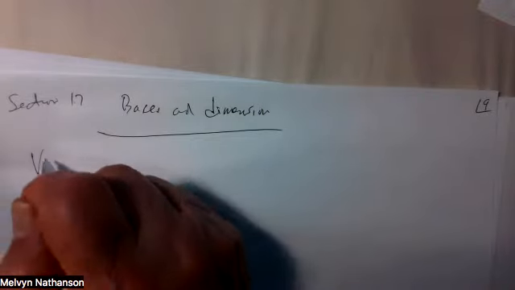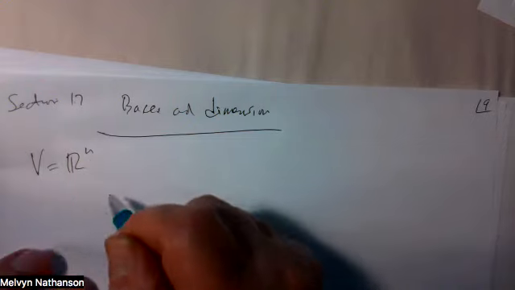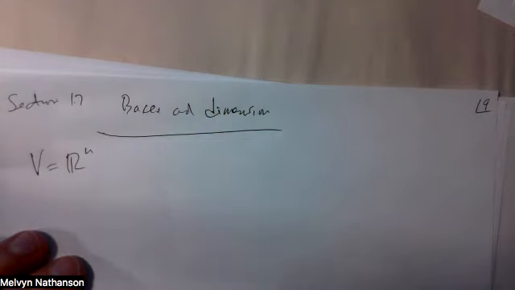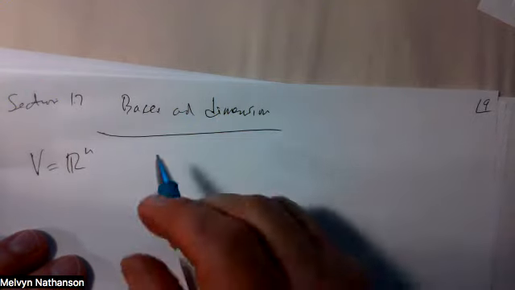So we have, let's say, this vector space V equal to Rn. These are the n-dimensional column vectors.